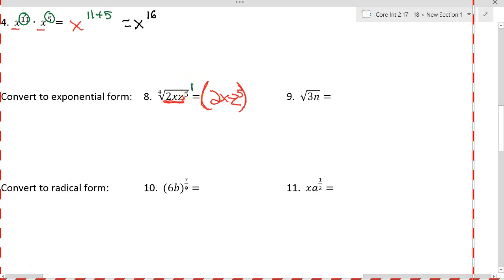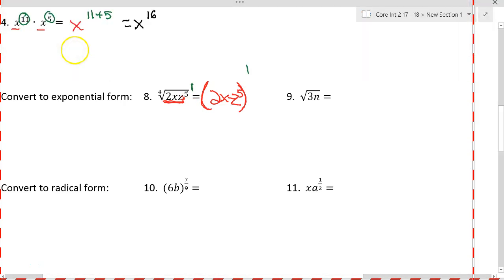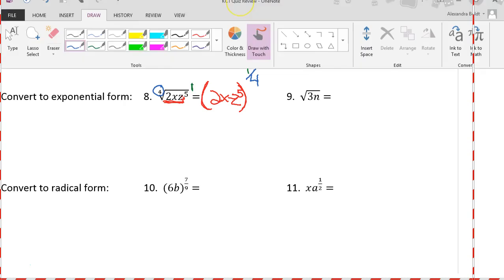So remember, when you don't have an exponent, it's 1. And then underneath, the bottom of my fraction, my denominator, is whatever is sitting in this little corner. It's 4. So I have 2xz to the 5th to the 1/4. And that's all I'm going to do. I'm going to leave it just like that.